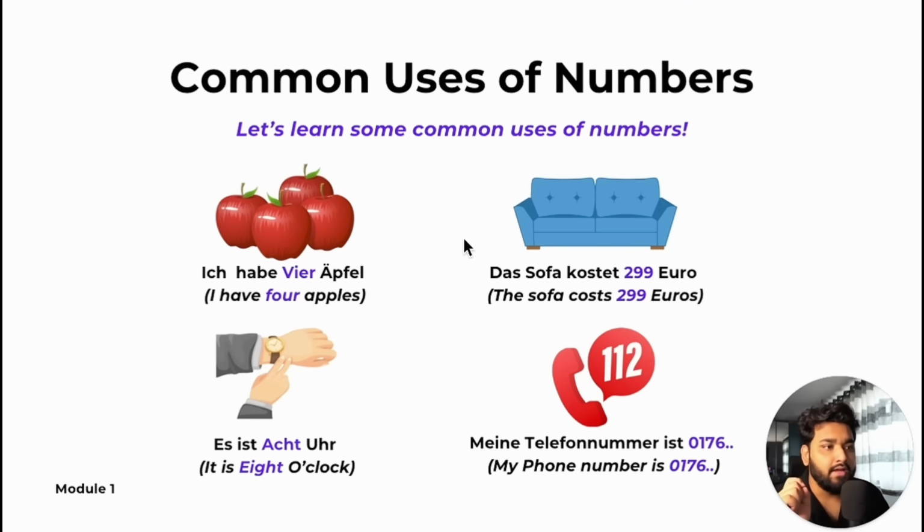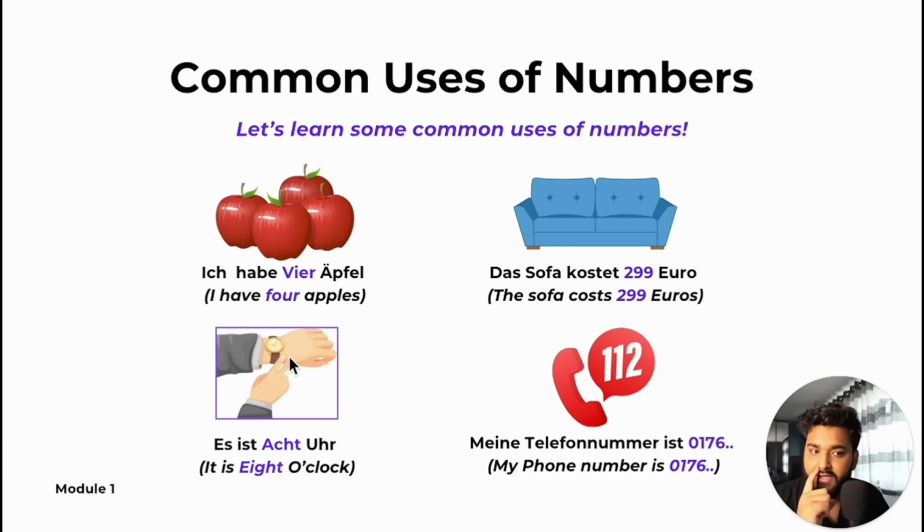So how do you say the sofa costs 299 euros? It will be like the sofa costs 299 Euro. Yeah, 200 and then 99. 100 is the same one I just told you, and then 99, the last unit and first unit.